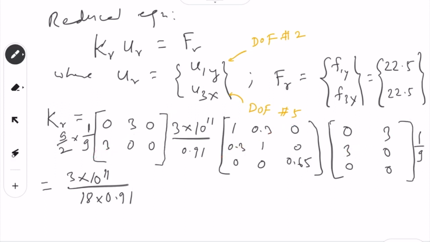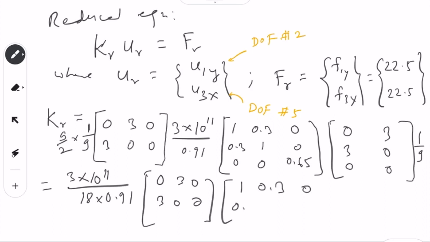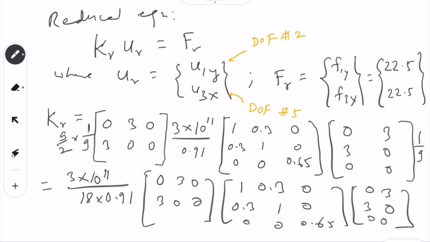So we have this 0, 30, 300 multiplied by 1, 0.30, 0.310, 0065, and here 03, 3000, and this is easy to actually do now, right.